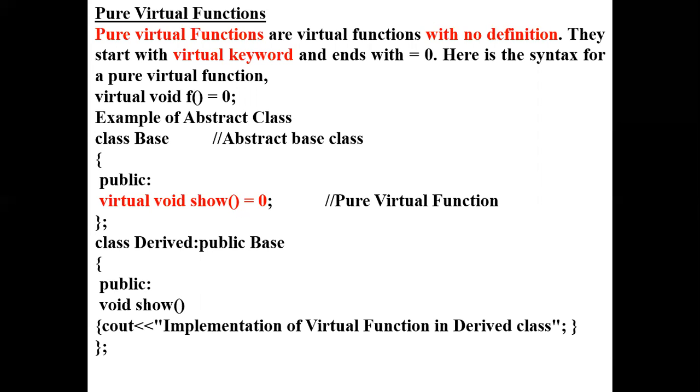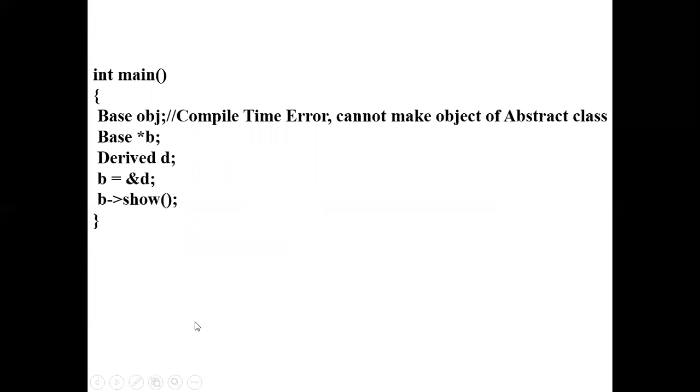And for an abstract class with a pure virtual function, if we derive any class or do inheritance from this base class, this function will have to be defined in the derived class also. And when we make an object of the base class, it will give an error because it is an abstract class and you can't make any object of the base class.